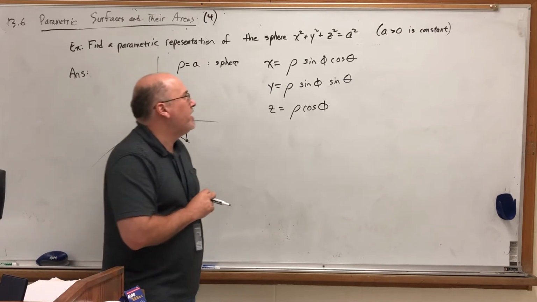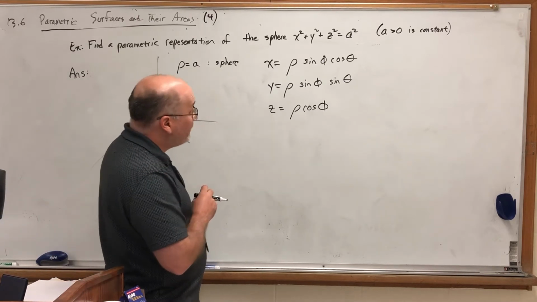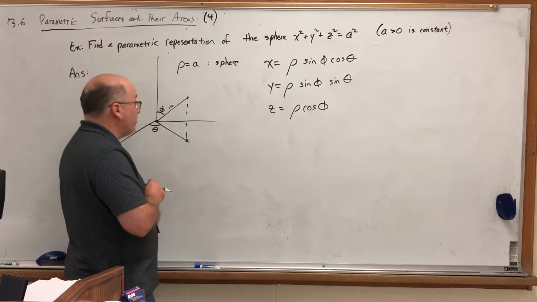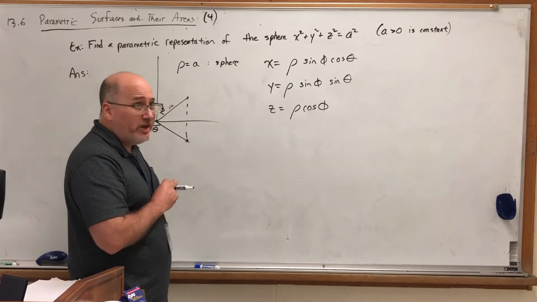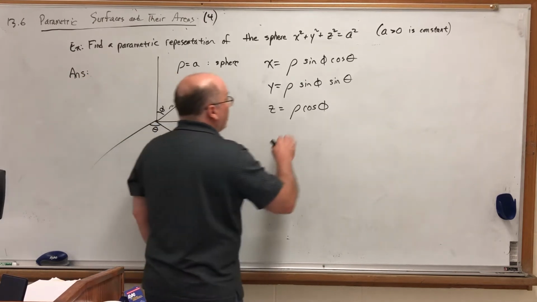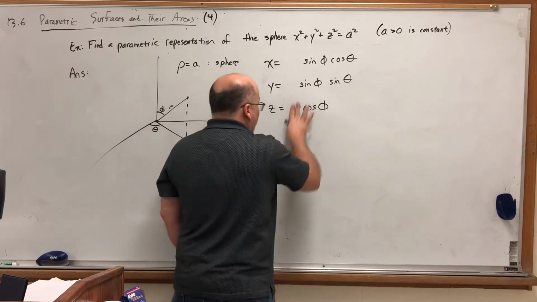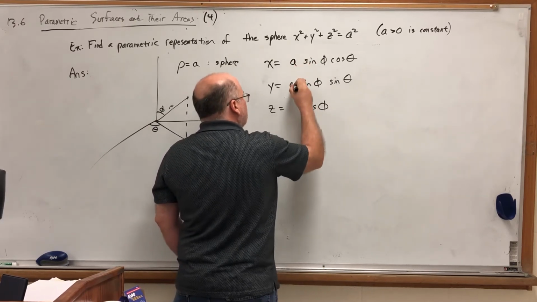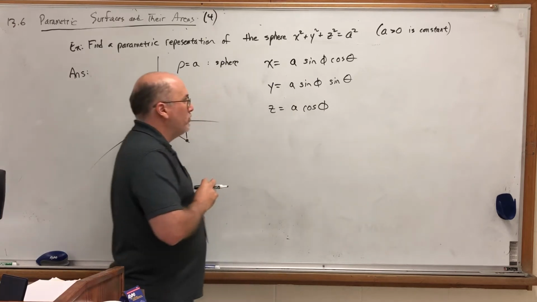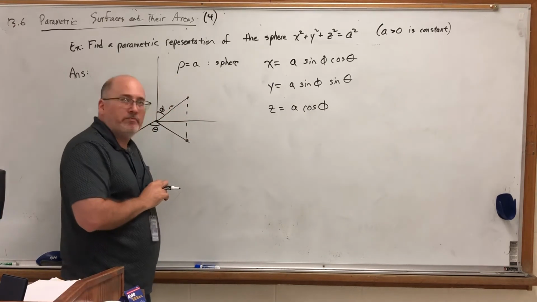But in this sphere, we already know what rho equals because we're told it's a sphere of radius a. So we can replace all the rhos with a's. Remember, that's not a variable, it's a constant. So what are our parameters? Well, phi and theta.